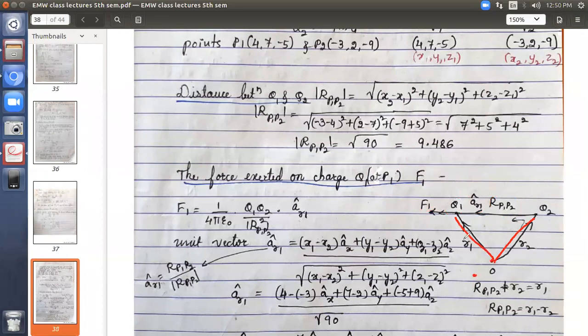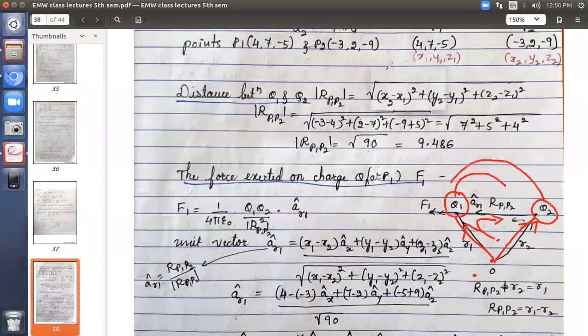If you see, the direction of this is in this way, the direction of the other position vector small r2 is in this way. So applying the law, we want the force on charge Q1. So on a charge Q1, it is because of charge Q2. That's why I will not take it in this manner, because this is not applying any force. Q2 is applying force on Q1.